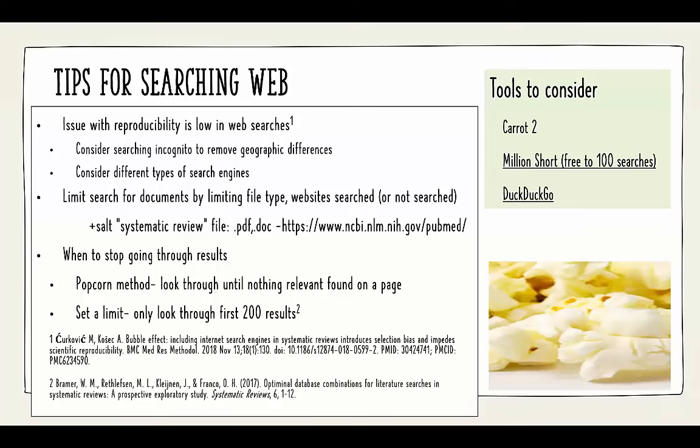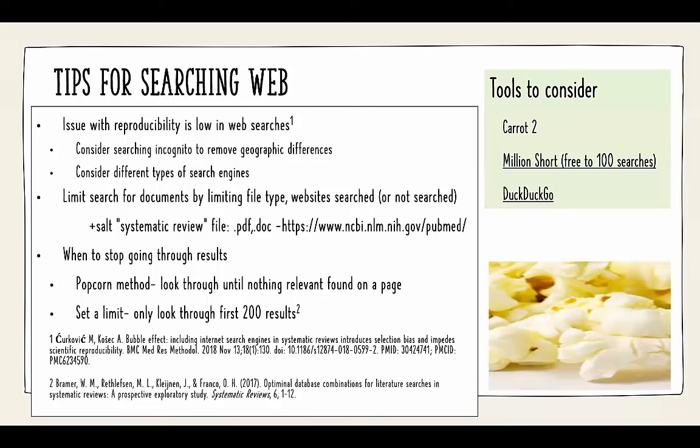And so there's different techniques that have been talked about and different tools that are out there. So one issue is that your reproducibility is going to be pretty low with most web searches. And so there's suggestions to search in incognito mode, or where it's not considering where you are geographically, maybe other types of search engines, and I put a few tools in here that you might think about.